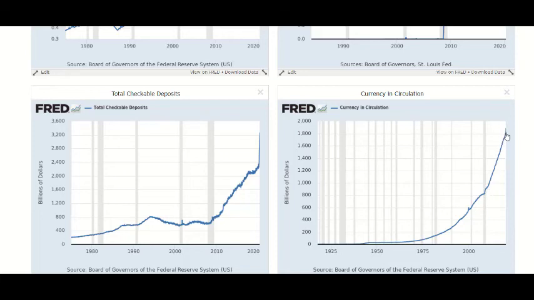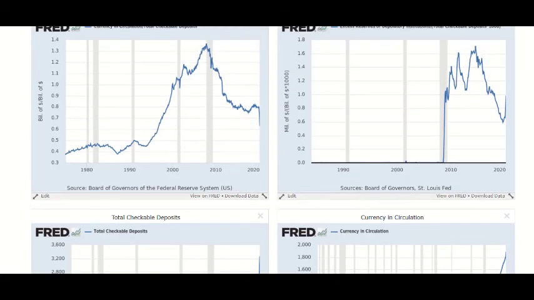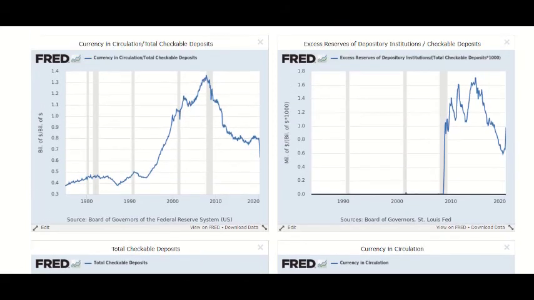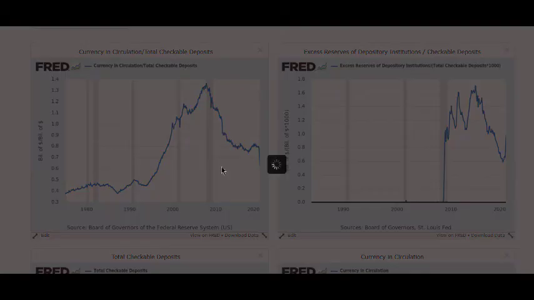And now you can see an upward trajectory right here in currency in circulation as people are holding currency, in part because they need it, and there's possibly a liquidity crisis, so people are holding cash, especially when you don't have a job.